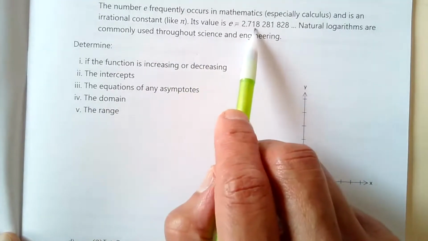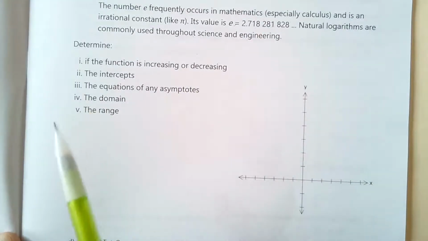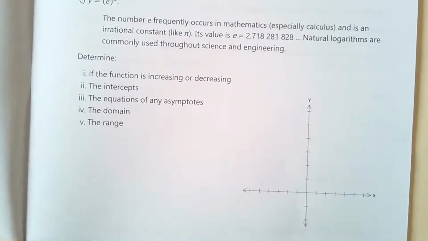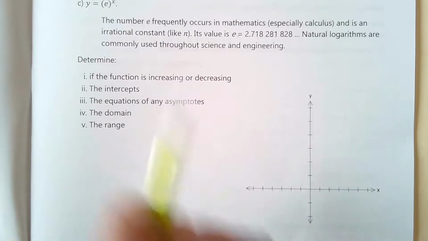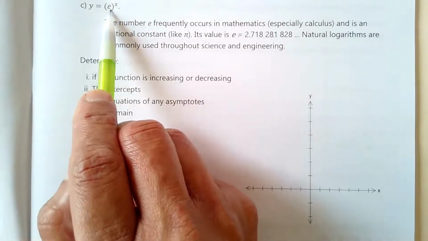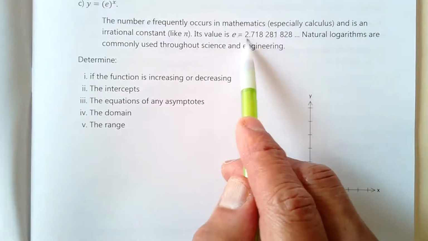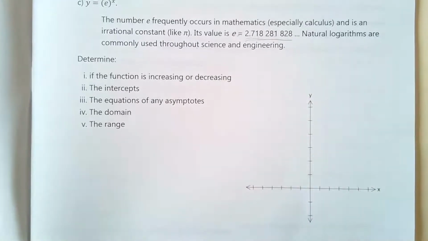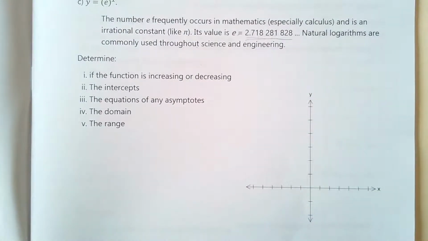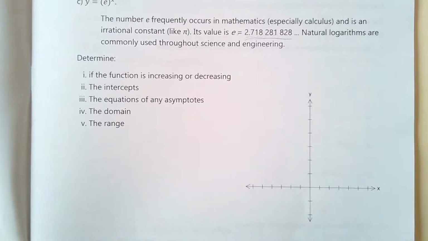And this natural log is used throughout science and engineering. So just so you become familiar with this, the e is this wonderful irrational number, 2.71828182828. It goes on forever. It's like pi, which is 3.14159, goes on forever.